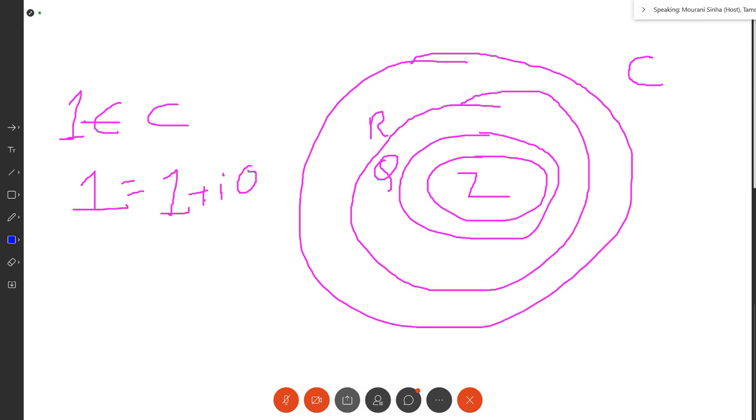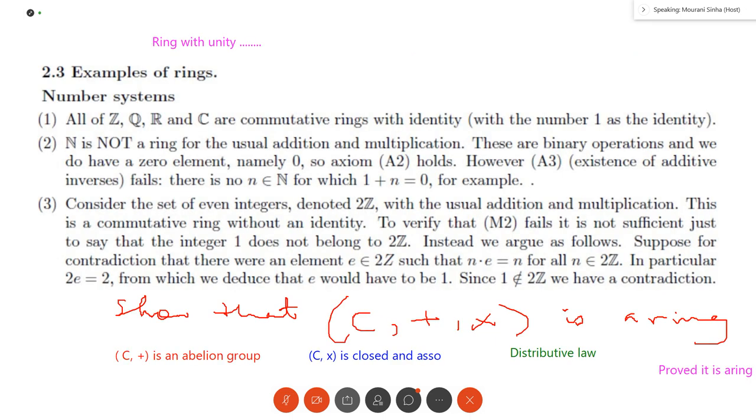Just to remind you, because we are doing so many things, you may have forgotten this. Something simple. Whenever you are searching for a ring with unity, you have to just check the multiplicative unity. That's all. And multiplicative unity is generally 1. So if 1 is there or not. The exception was 2Z, because 2Z has even integers.